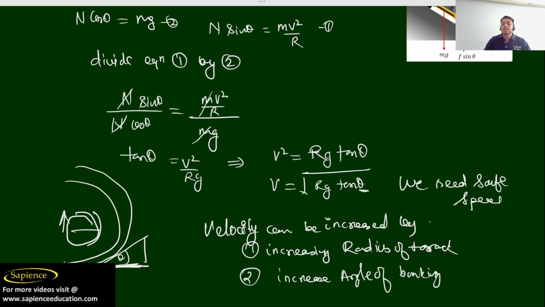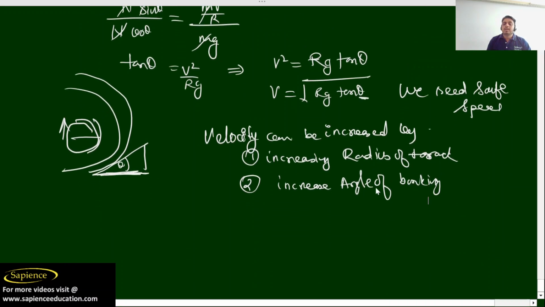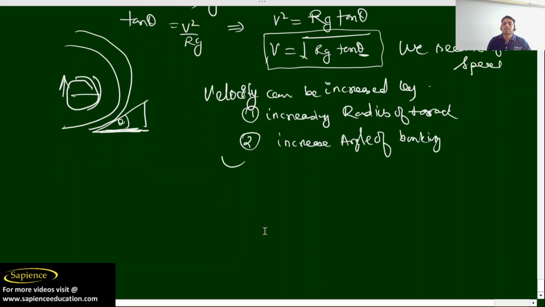In this way we can increase the velocity of the safe journey. If I have increased the slope of the road, that is banking, then we can increase the velocity and the car won't be able to escape. So this is a very safe journey. For a safe journey, use this concept. I hope you all have understood this.